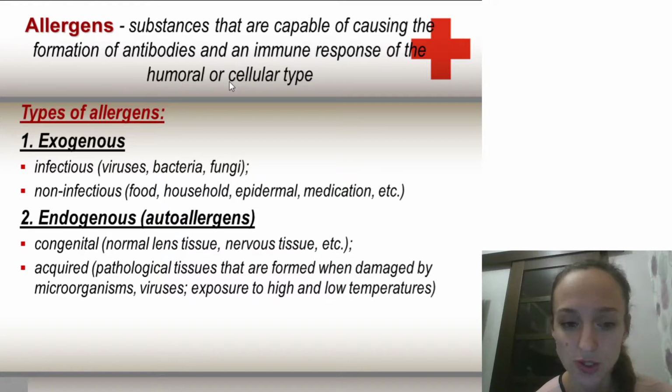And non-infectious are food, different medications, and epidermal. The second group is endogenous factors: congenital, for example, normal lens tissue or nervous tissue, and acquired pathological tissue, which is formed when damaged by microorganisms, viruses, or exposure to high and low temperatures.